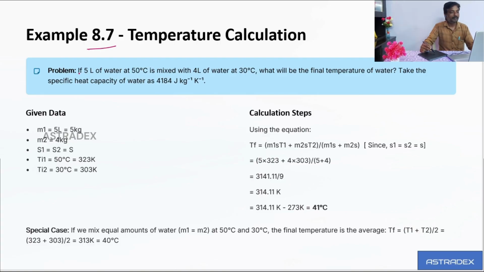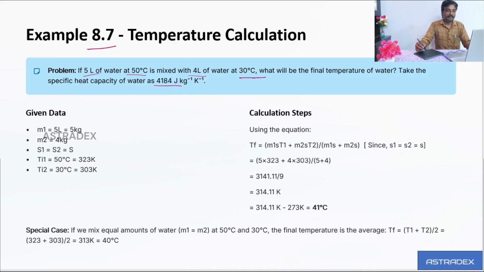If 5 liter of water at 50 degrees Celsius is mixed with 4 liter of water at 30 degrees Celsius, what will be the final temperature of the water? Here, the specific heat capacity of the water is given as 4184 joule per kg per Kelvin.